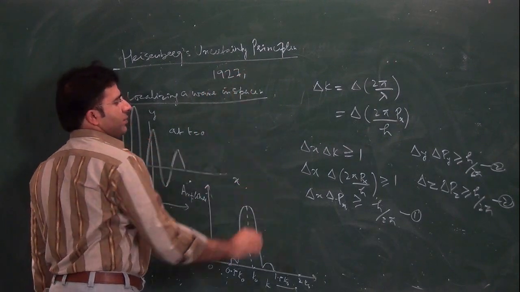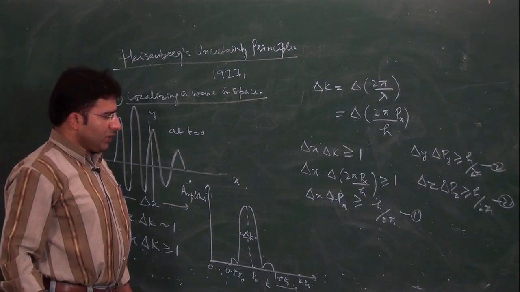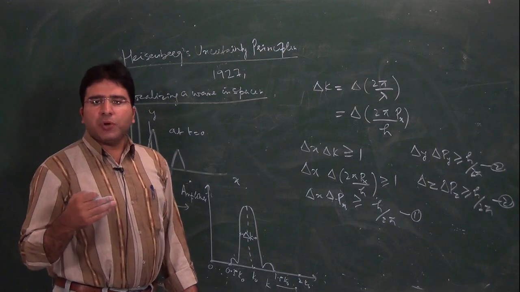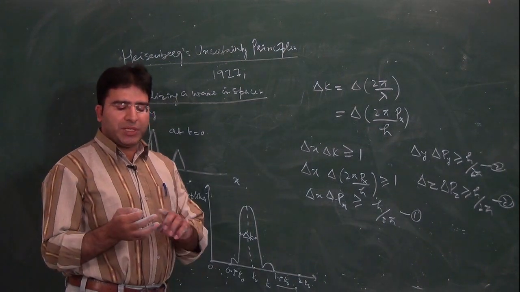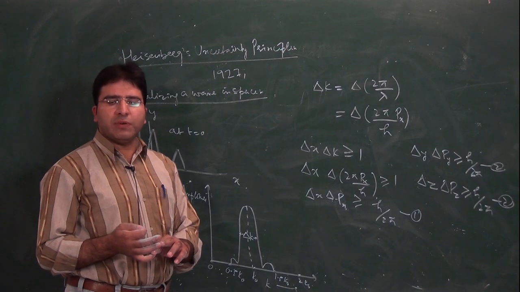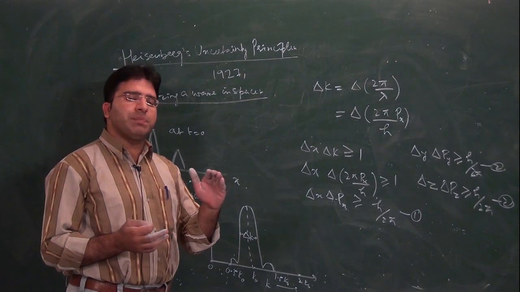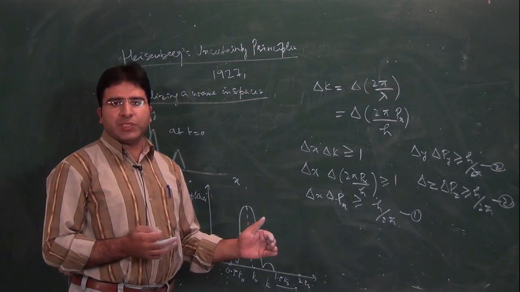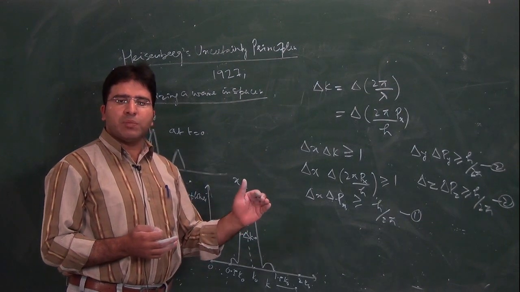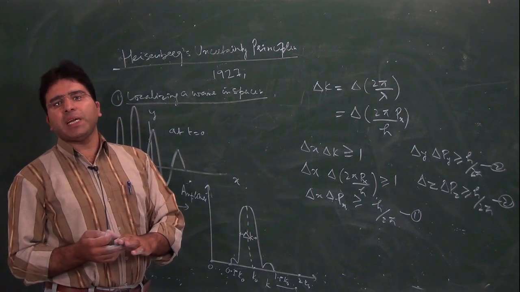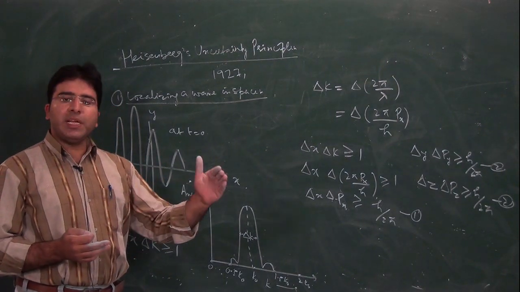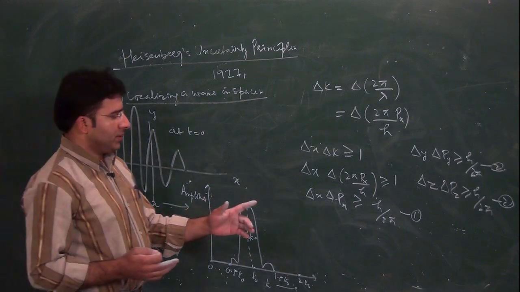Now what is the conclusion of these equations? Conclusion is, it is not possible to determine position and momentum of a particle with unlimited precision. There is a limit in nature. You cannot make momentum and position of a particle precise to any arbitrary level.